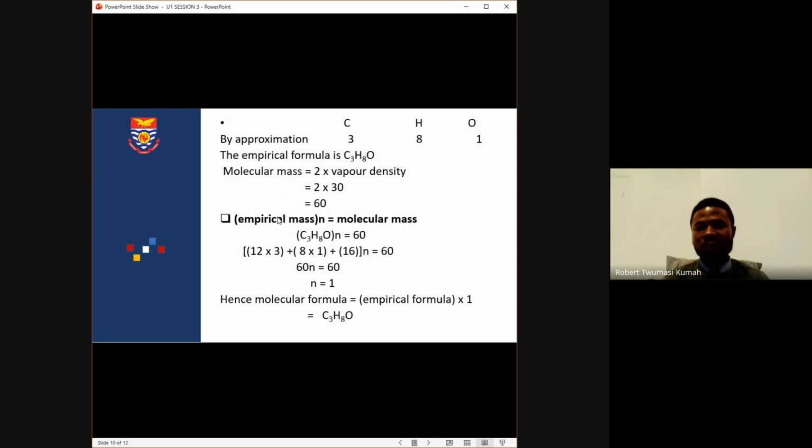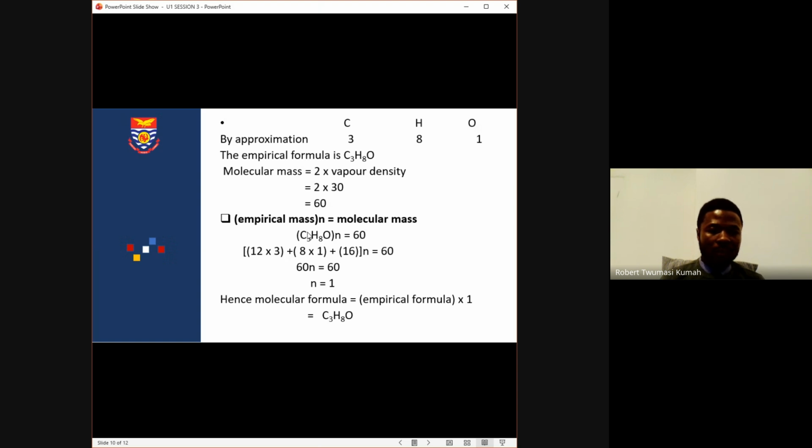Then we'll now go for the formula that we were given, and the empirical mass. So we need a number that we're going to use to multiply this formula to get the molecular formula. But we can't just sit down and say, oh, let's multiply through with maybe 5 or 6. That is not chemical. This time we are speaking chemical language, so we need to work it out.